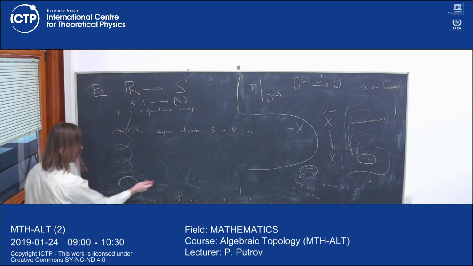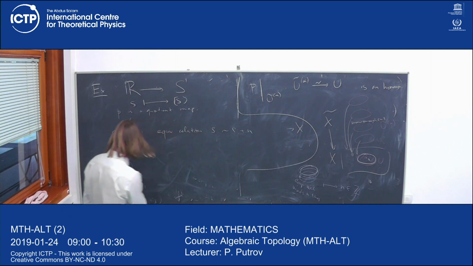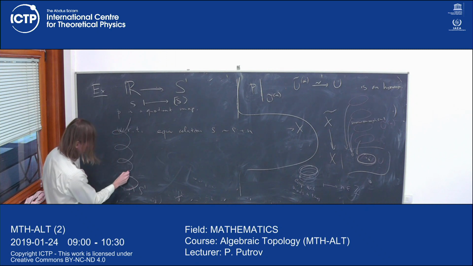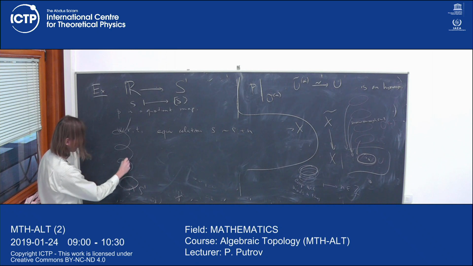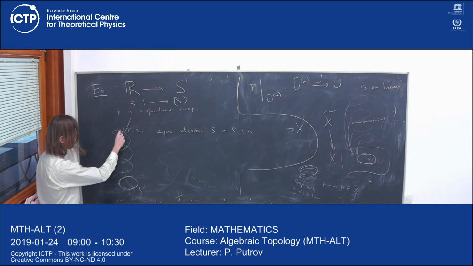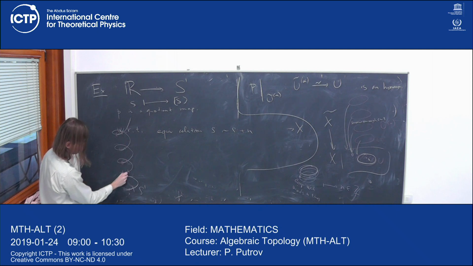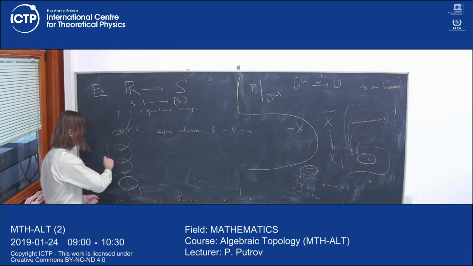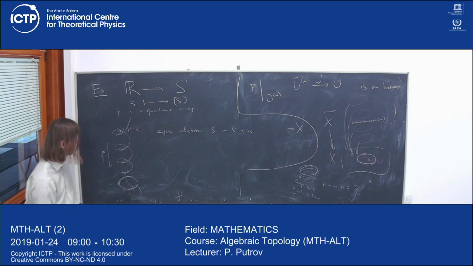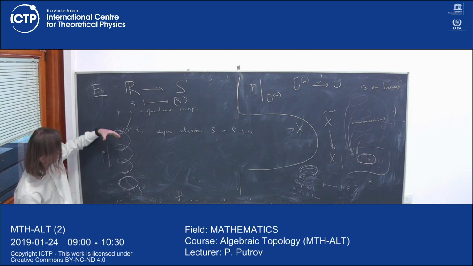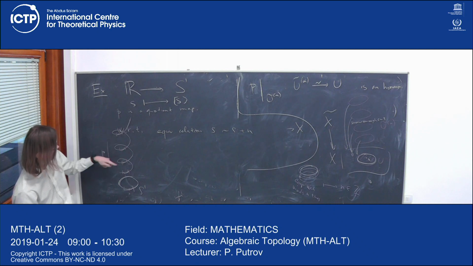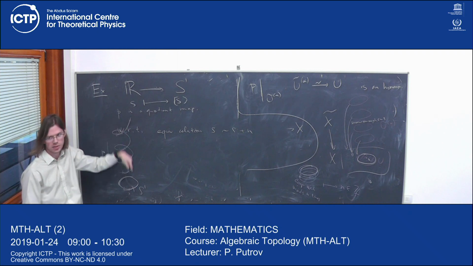If I take some X, I have some open neighborhood, it's lifted to a bunch of open intervals. The helix is considered above S1. This is a real line, so the points which differ by integer numbers are projected to the same point.